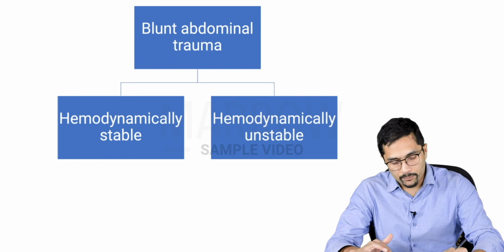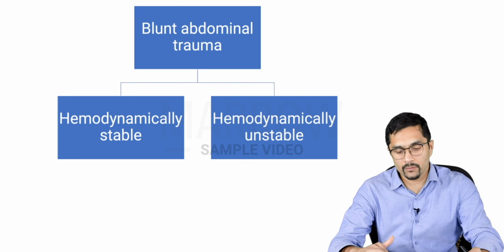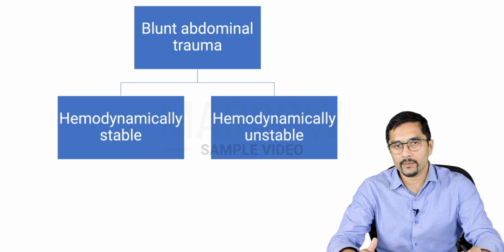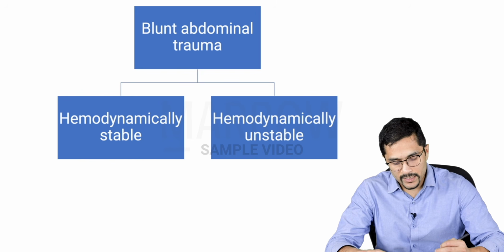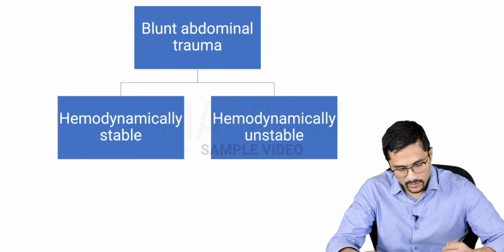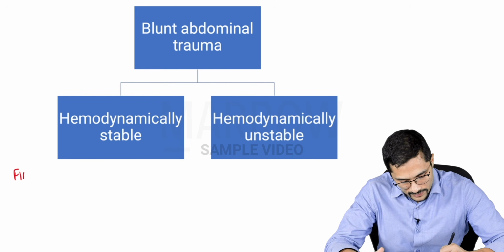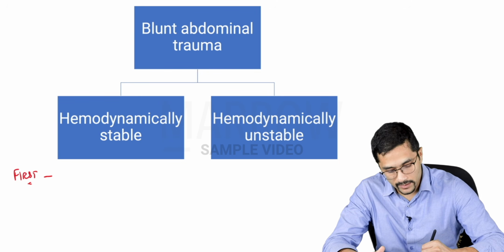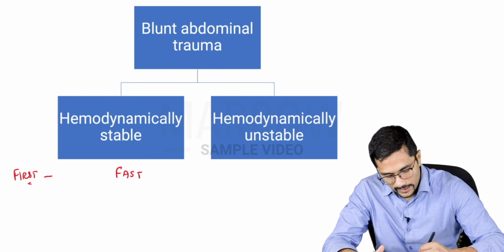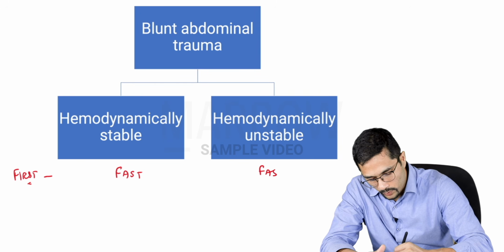Coming to a major important topic which has been asked many times, the workup of blunt and penetrating abdominal trauma. So the workup of blunt abdominal trauma, if the patient is hemodynamically stable, the first investigation which we do is same in both, in stable and unstable, it is FAST. And I will tell you about FAST in 2 minutes. What does FAST mean?